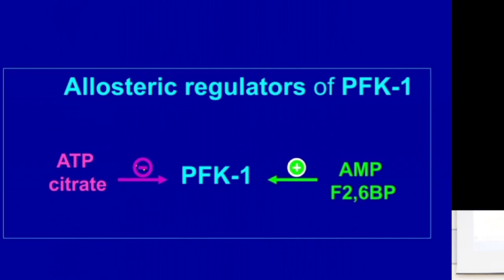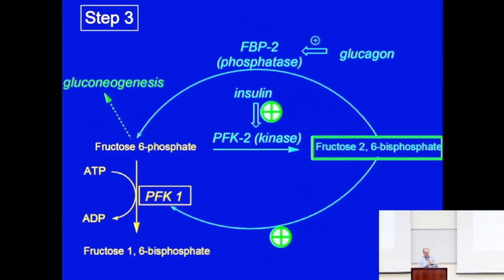So I'm going to skip this slide. I'll go back to it in a minute. But now I want to first focus on this molecule and tell you how it's made. Just to orient you, this is fructose 6-phosphate from the second step. PFK-1, phosphofructokinase 1, is going to produce fructose 1,6-bisphosphate. So that's the third step of glycolysis. Glycolysis therefore continues this way.